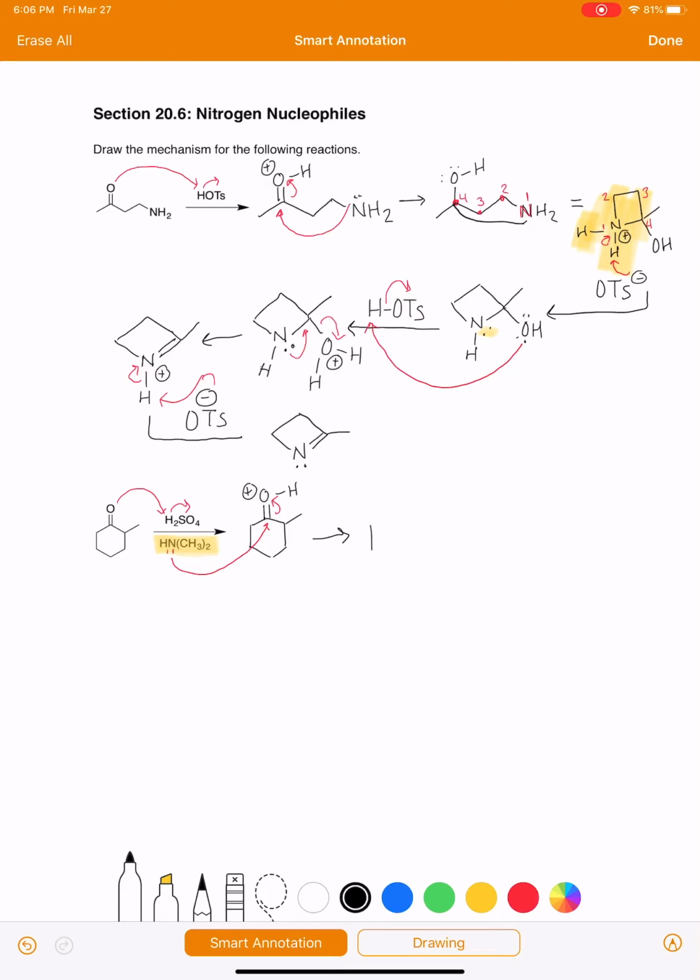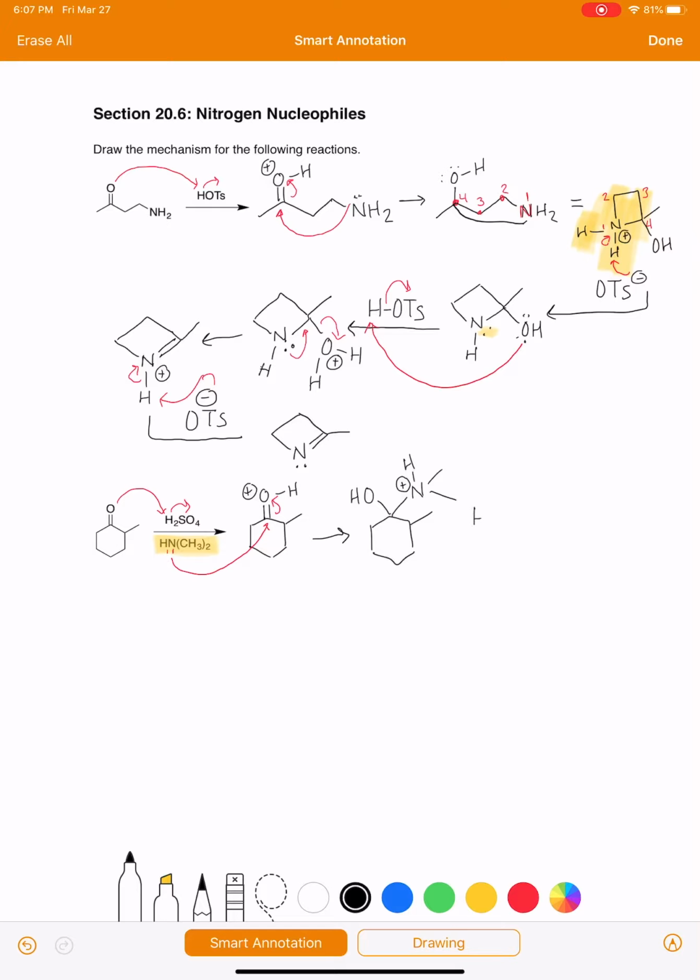In that step, we are going to have now an OH group, because we've opened up the carbon-oxygen double bond, and we have created a bond to our nucleophile, a nitrogen with one hydrogen and two methyls. Because that nitrogen has 4 bonds, it has a positive formal charge.